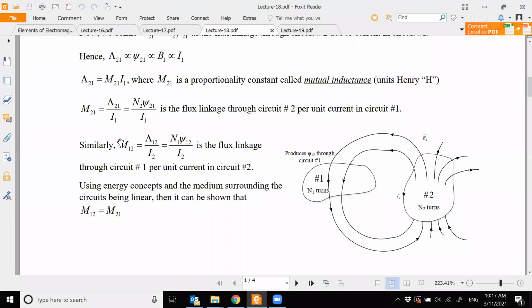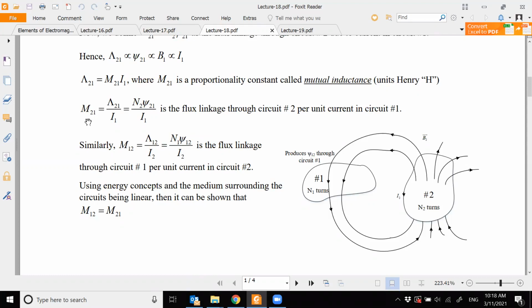Here the mutual inductance is M12, that is the mutual inductance of circuit 1 due to the current passing in circuit 2, which is the flux linkage 12 over I2. And the flux linkage 12 is the number of turns multiplied by the flux. So psi 12 is the flux through loop 1 due to the current passing in loop 2.